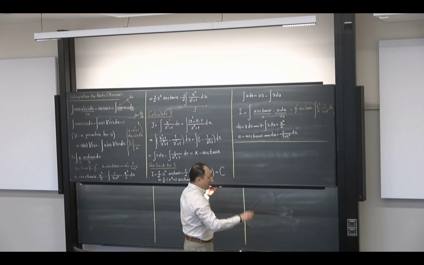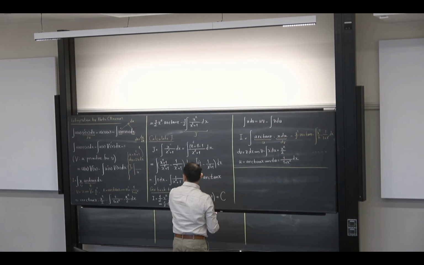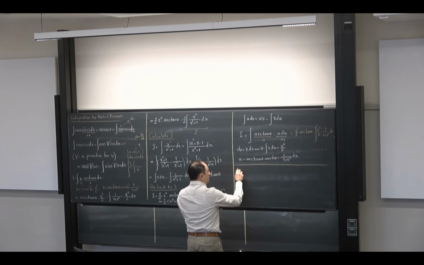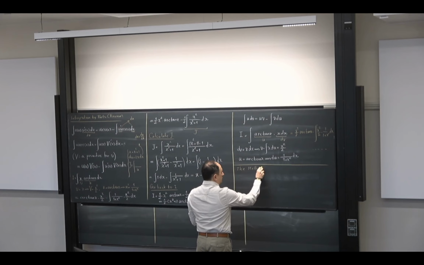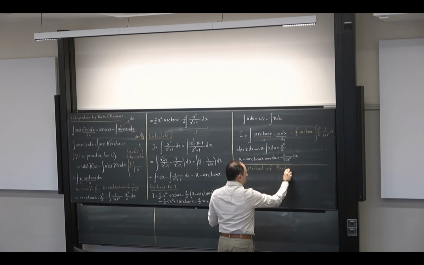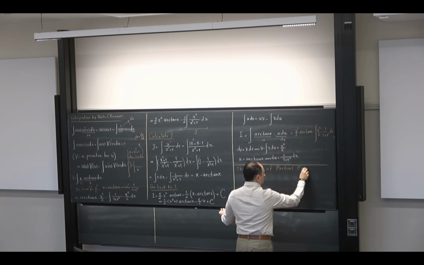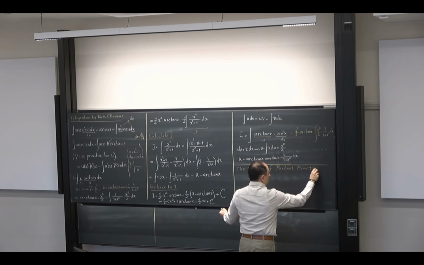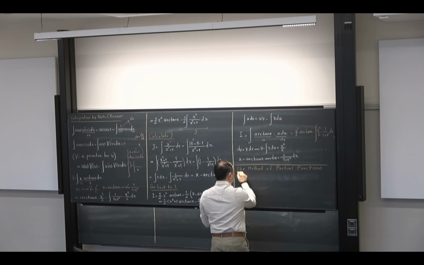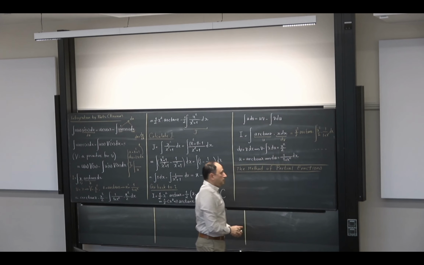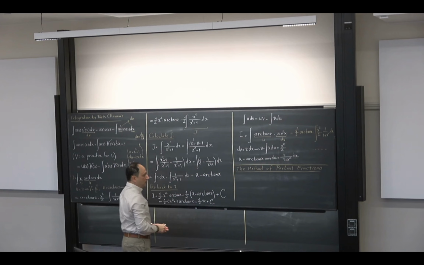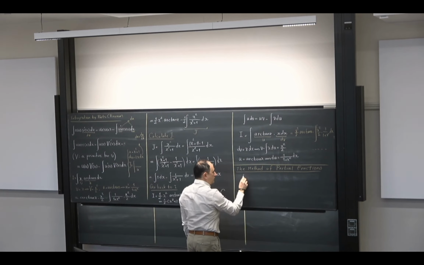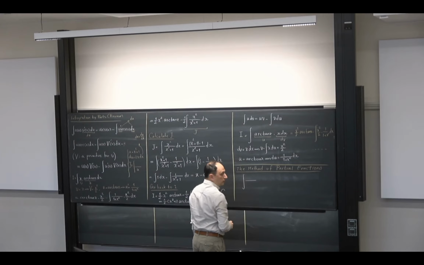That is the last integration technique that you learn systematically in this course, a method of partial fractions. So, the topic is that you have an integral, and you have a rational function in front.